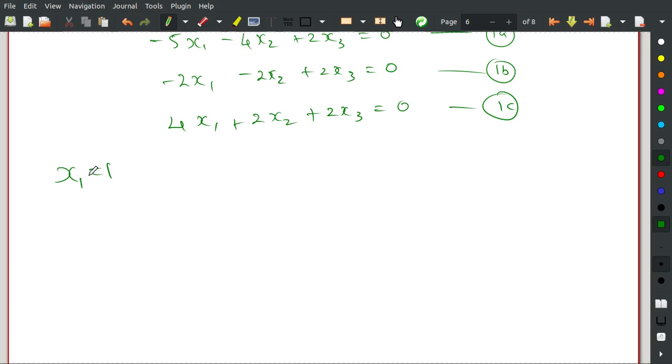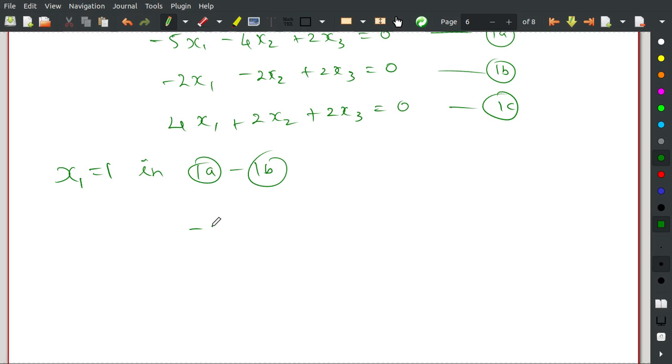So let's put x1 equal to 1 in equations 1a and 1b and subtract them.